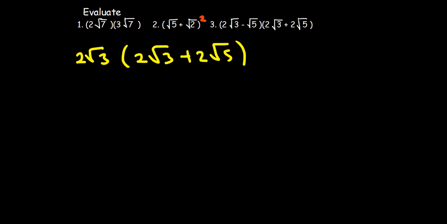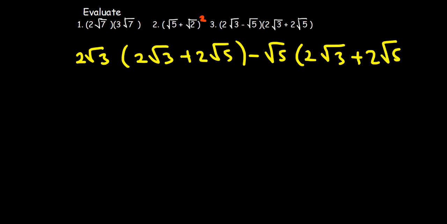Then the second part is negative square root of 5, times 2 square root of 3 plus 2 square root of 5. When multiplying now, 2 by 2 will give us 4.